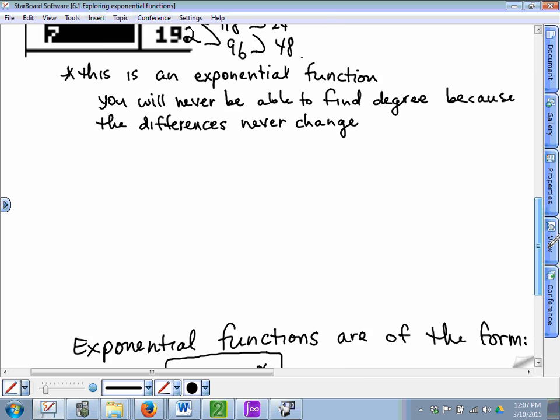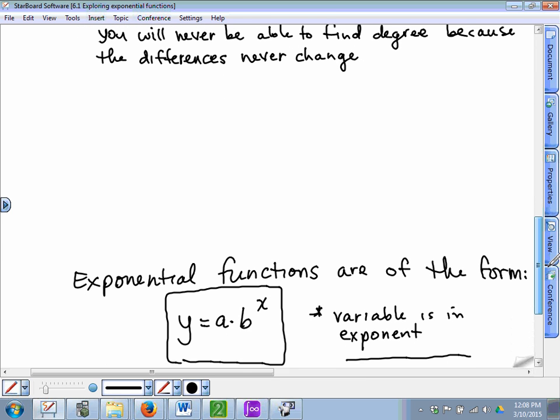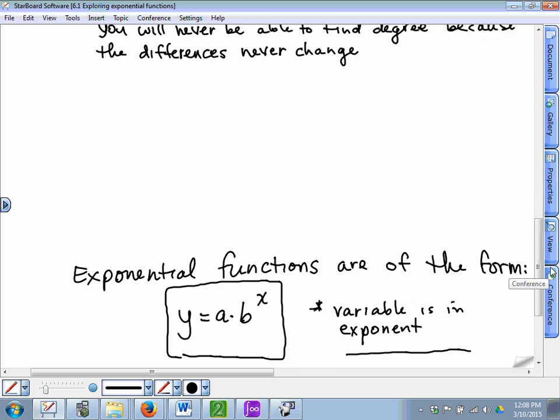This is what exponential functions look like. Y equals a times b to the x.